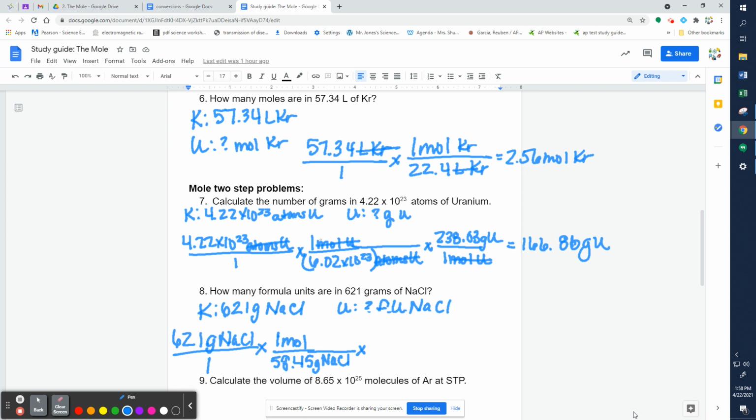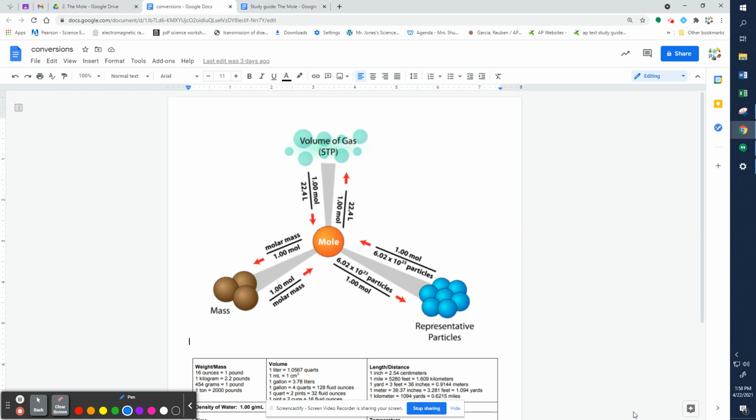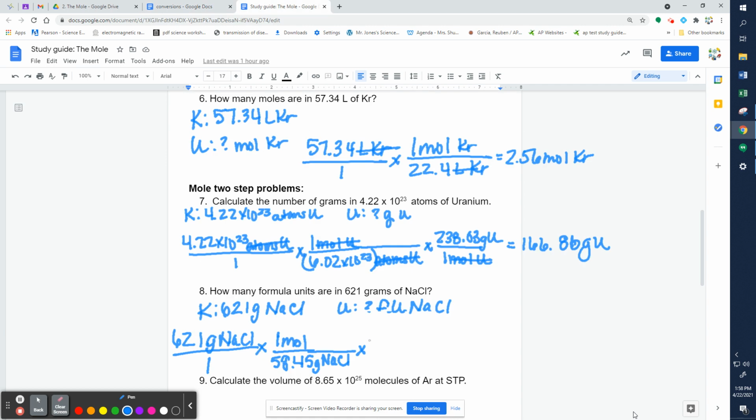Then I need to go to formula units. So I'm right here at the mole, and I need to go to formula units, which is particles. So I need to multiply by 6.02 times 10 to the 23rd particles over 1 mole.